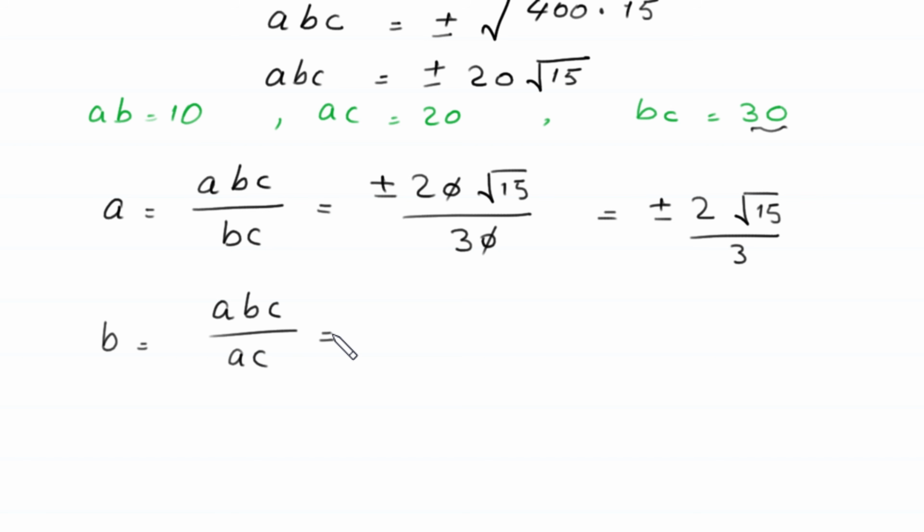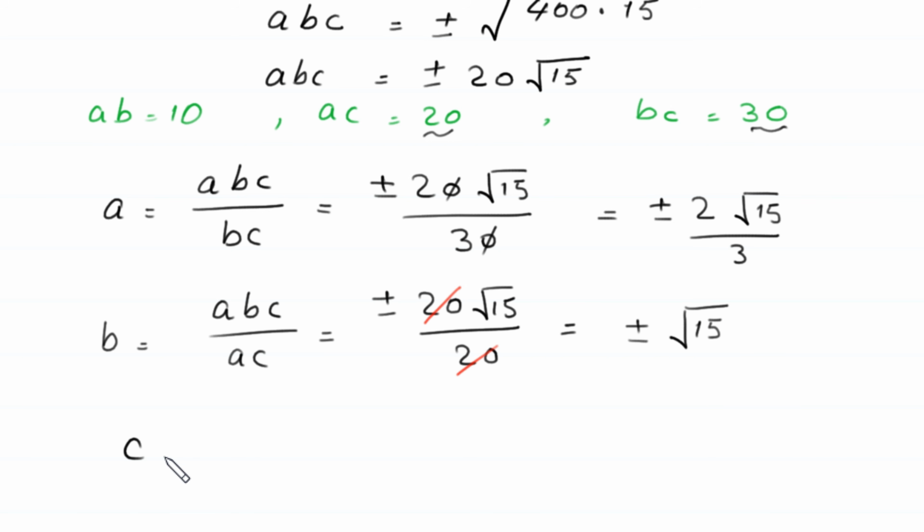This is equal to, abc is plus minus 20 times root 15 divided by ac is equal to this 20. So this 20 will be cancelled out with this 20, and we get the value of b is plus minus root 15.